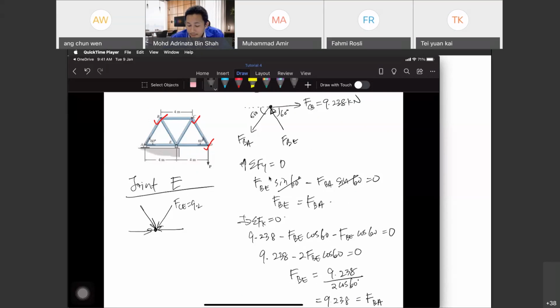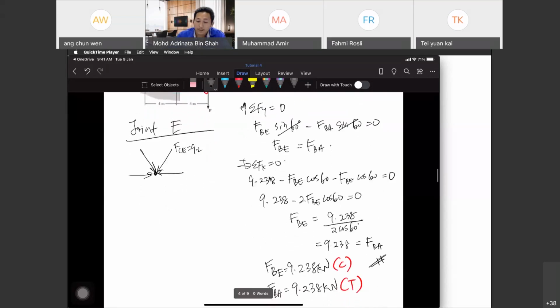How is it the same? FBE and FBA. Oh, okay. It is from the equation.